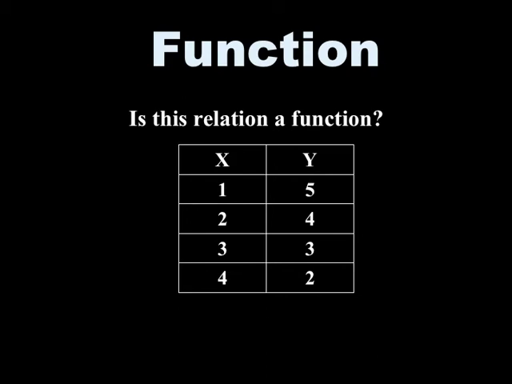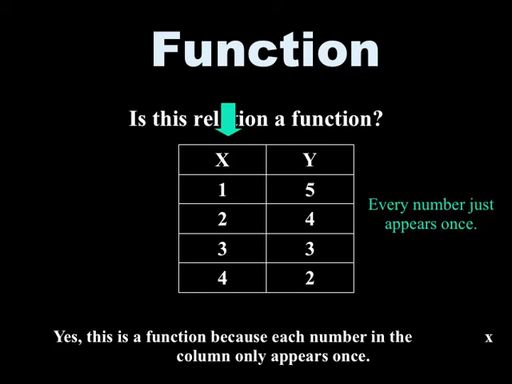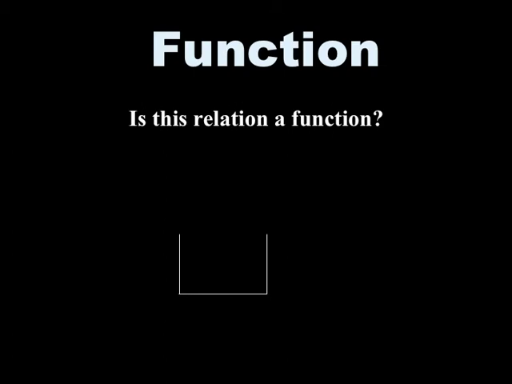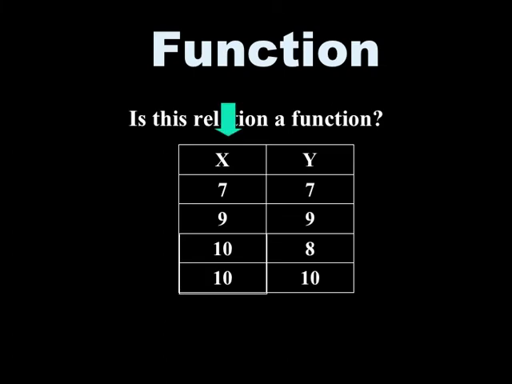Well, if I look at the x column and I look down, I see 1, 2, 3, and 4. Each number only appears one time, and so I have a function. How about this one? 7, 9, 10, and 10. Well, 10 obviously appears more than one time. It repeats. So I do not have a function.